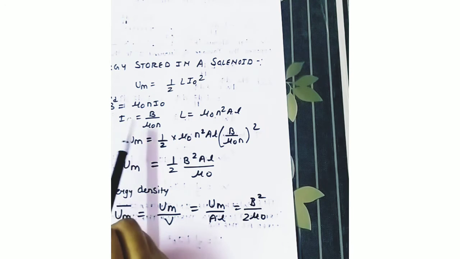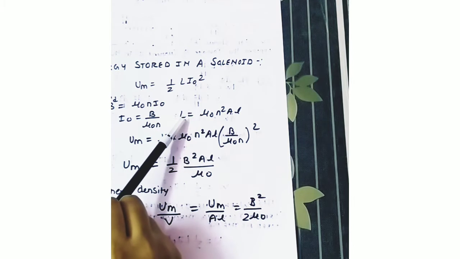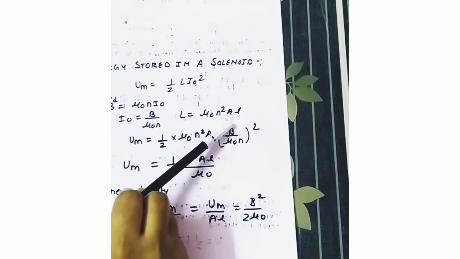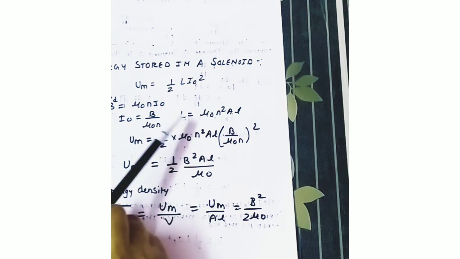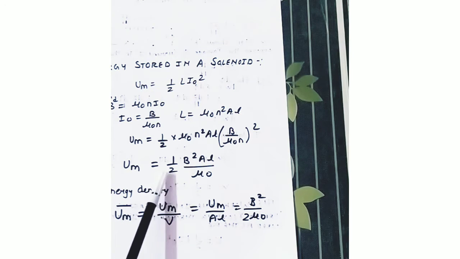So we transposed and found the value of I naught. And in the case of self inductance, we found L is equal to mu naught N square A l. We substituted the values of L and I naught in the above equation, and after solving we got half of B square A l upon mu naught.